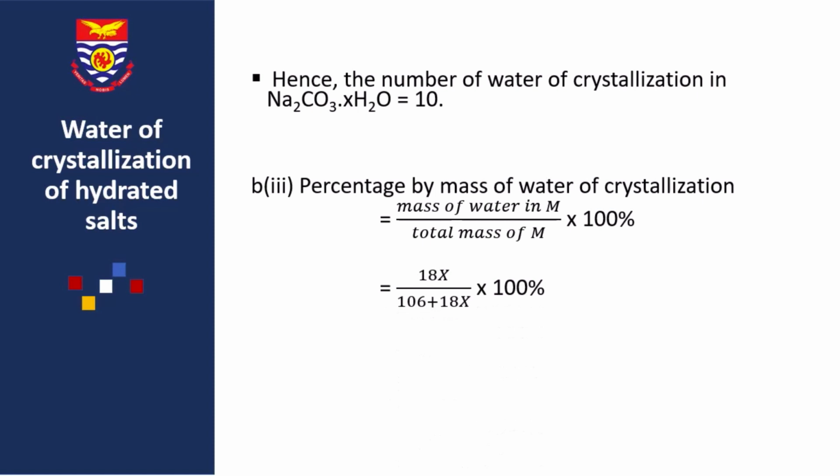The molar mass of the water is 18x, and the molar mass of the whole compound is 106 plus 18x. But now we know the value of x, so we put it there. That is 18 times 10 over 106 plus 18 times 10, times 100%, and that gives us 69.2%.